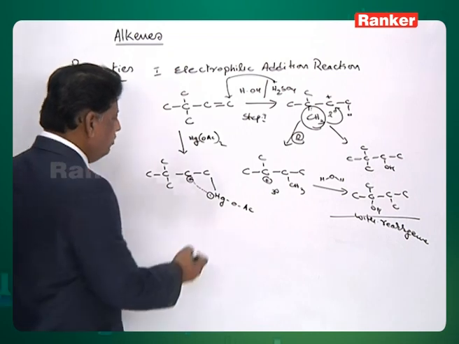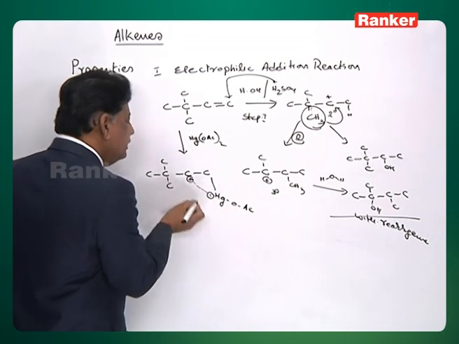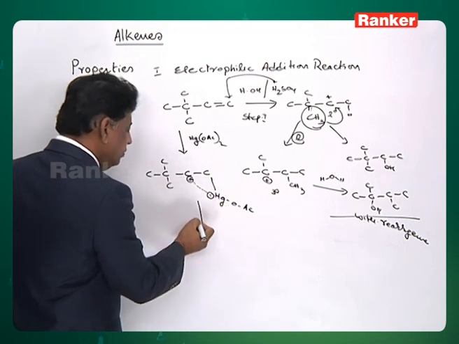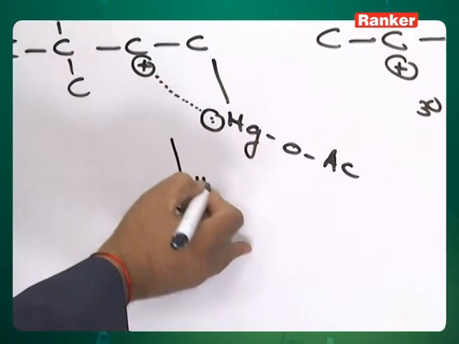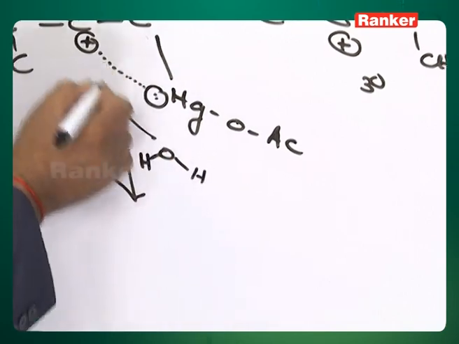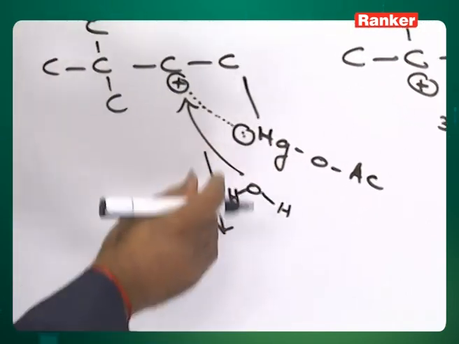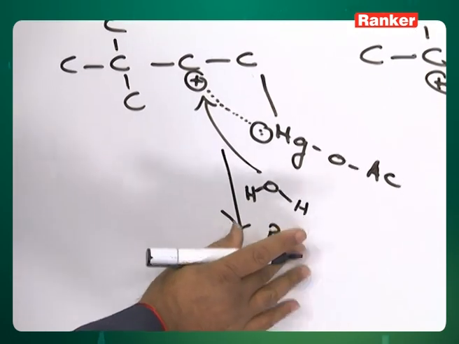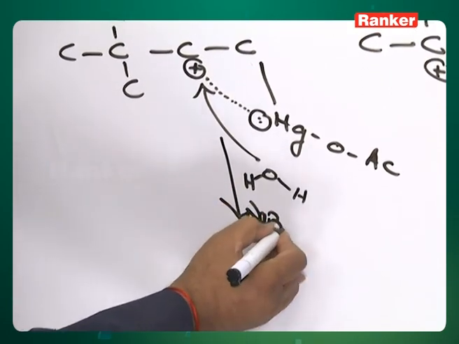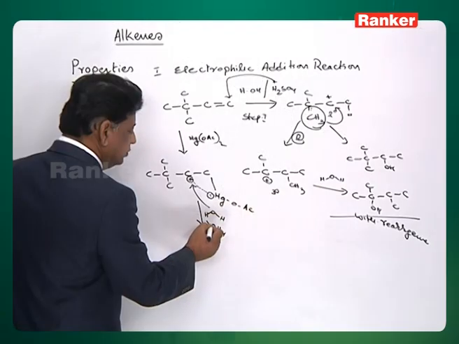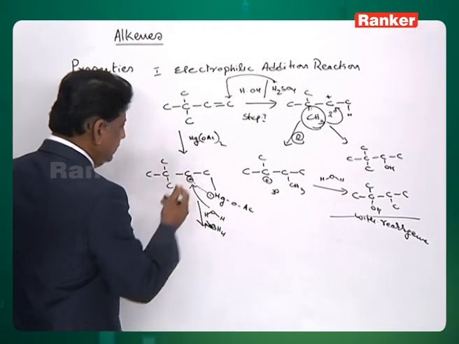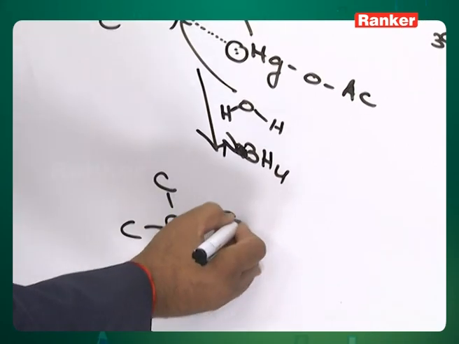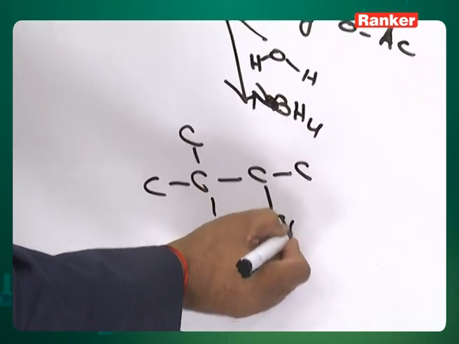So now when aqueous water is there, this will become into OH, then on reduction this one. So first aqueous solution will be there, so therefore water will attack here and replace this one, followed by the NaBH4, that is sodium borohydride. Sodium borohydride reduction takes place and you will get, without any rearrangement, the tertiary butyl will be like that only, the OH will come.